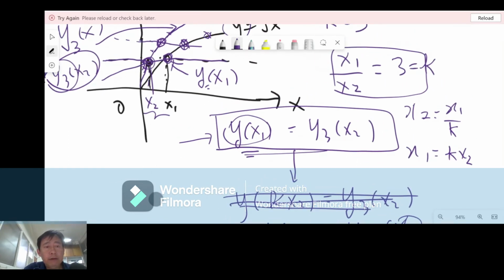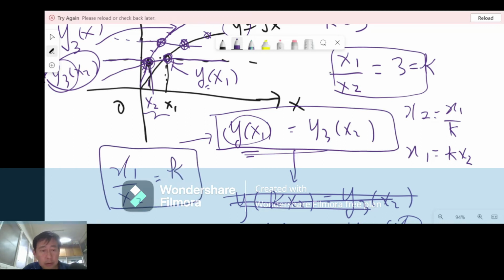And then if it's compressed, then the ratio x1 divided by x2 should be a factor of k. I think that is the more accurate statement. x2, yeah, I think that should be correct. x1 is larger than x2 by a factor of 3.